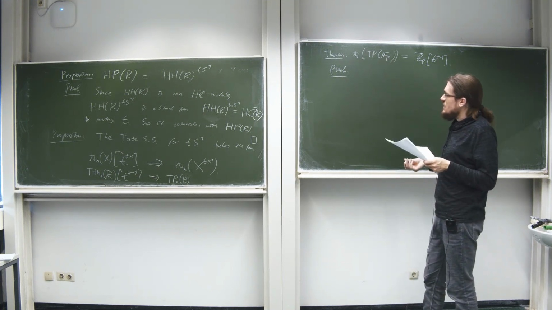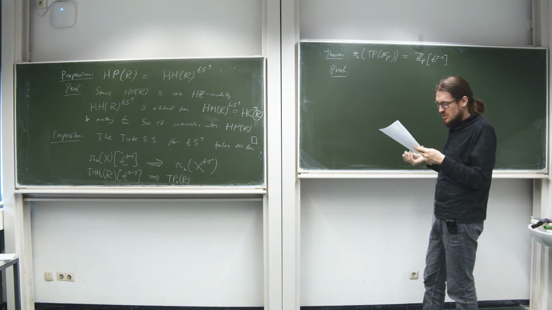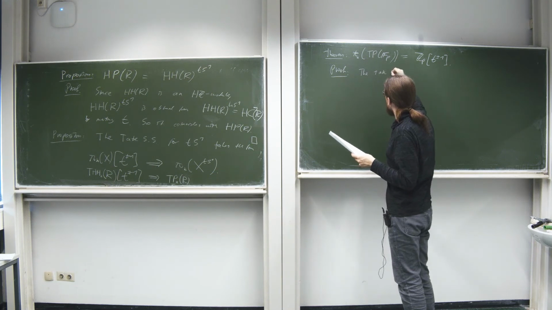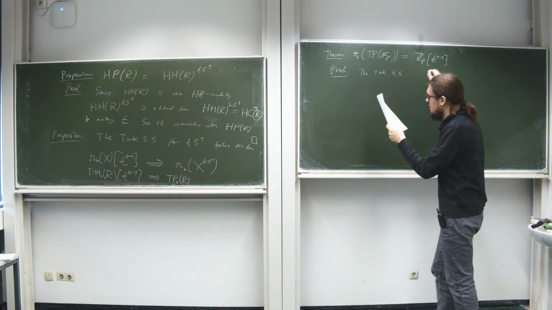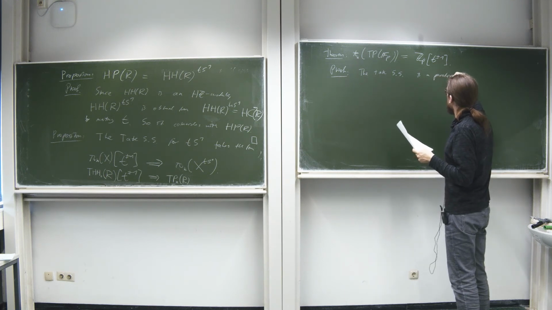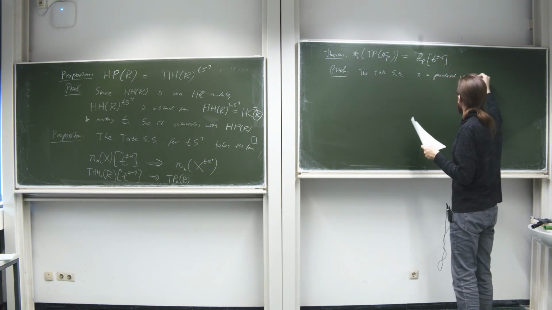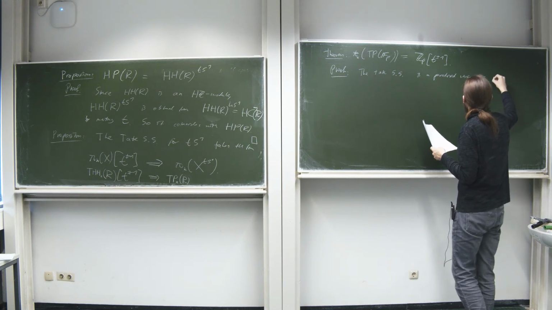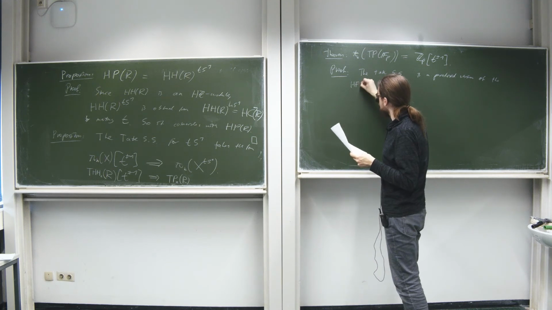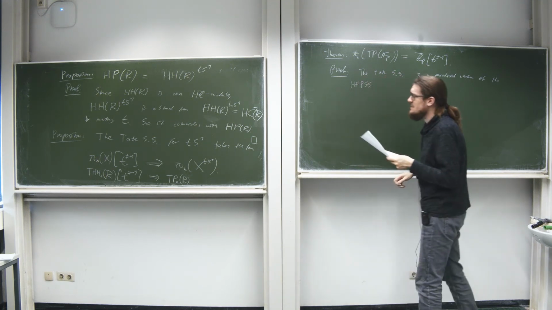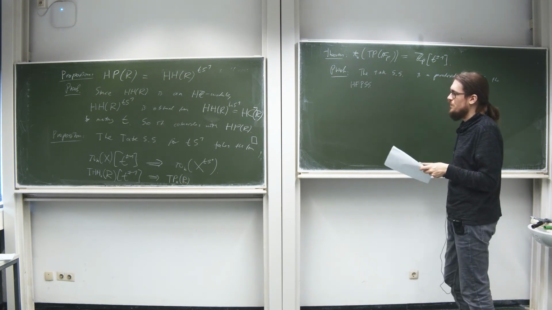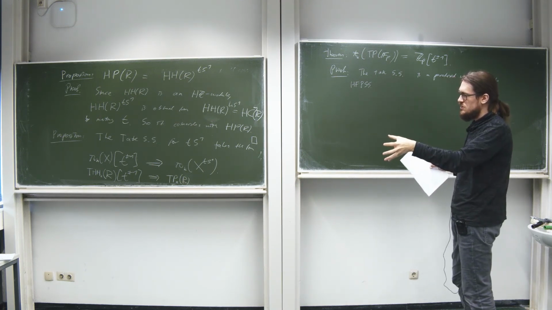So instead of directly appealing to that, let's just observe that the Tate spectral sequence is simply a periodized version of the homotopy fixed point spectral sequence. Right, so at least on the level of E2, this works, right?